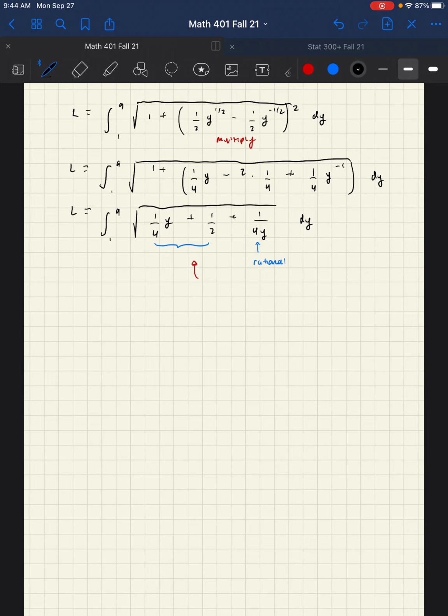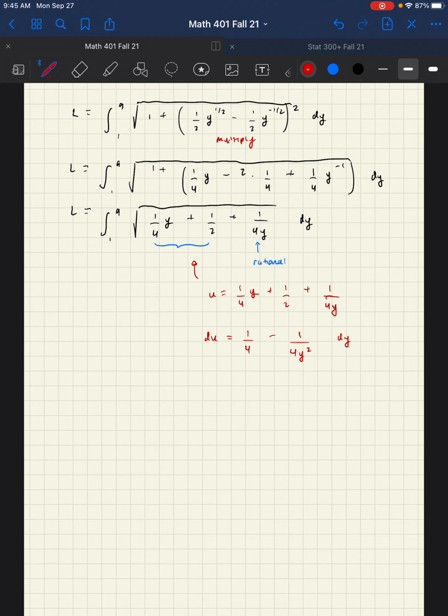So what can we do here? We can try to rationalize. Let's start with doing a substitution. We're going to let u be the part inside the square root. So it's going to be 1/4 y plus 1/2 plus 1/4 over y.